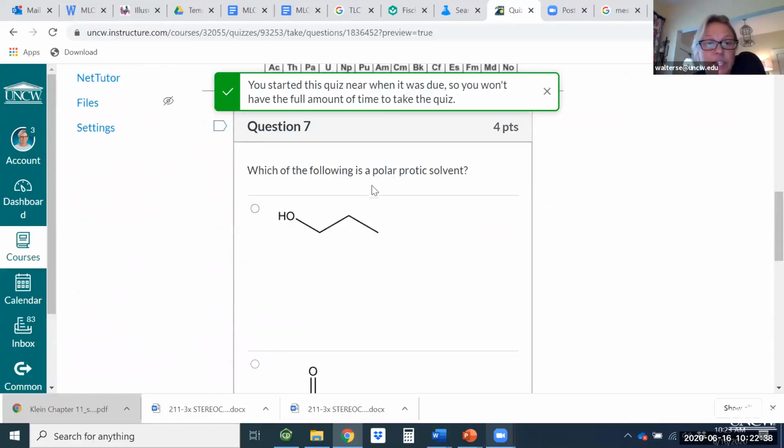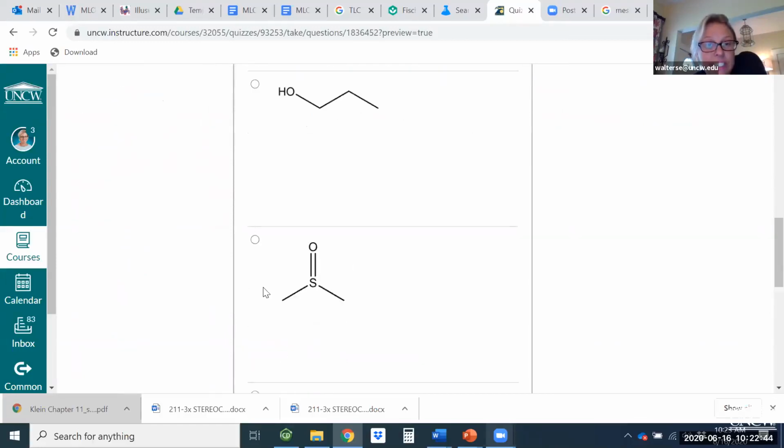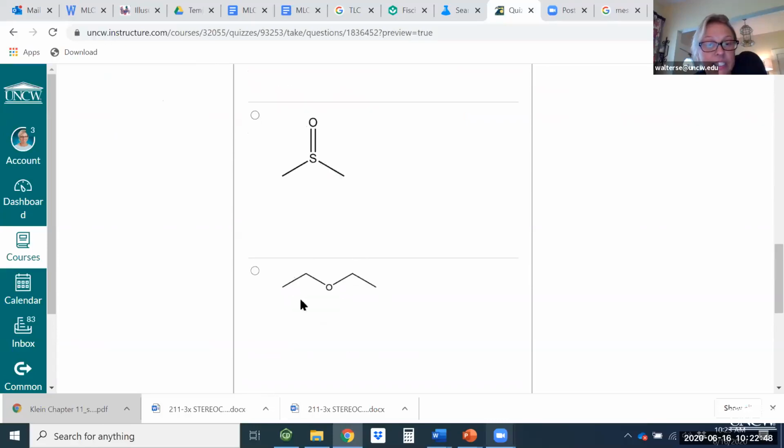Polar protic, so you need to have a hydrogen in a polar bond. So it would be this ethanol. This is DMSO, the hydrogens are in nonpolar bonds. This is diethyl ether, same, where you have hydrogens in nonpolar bonds.